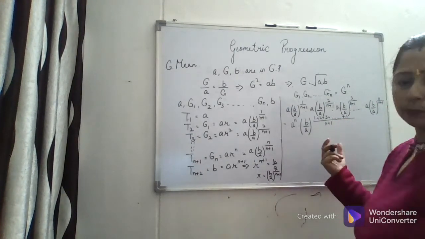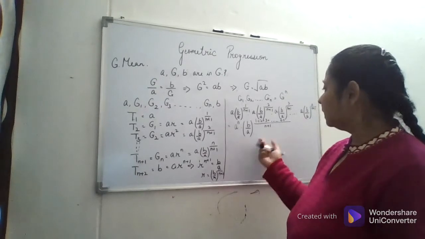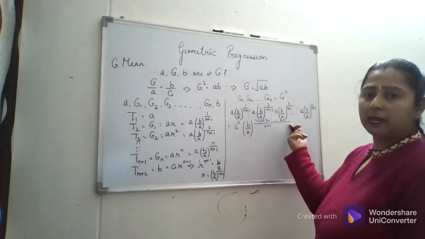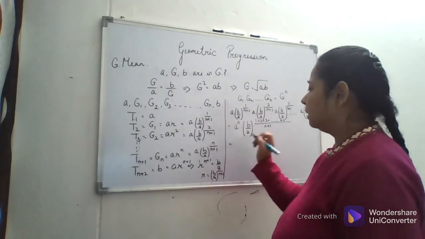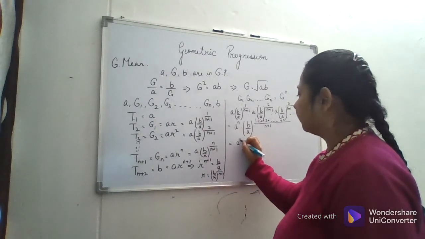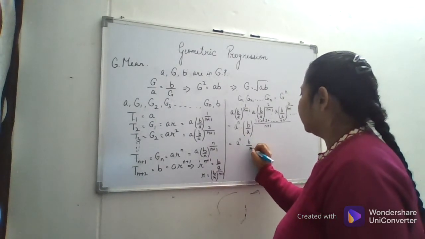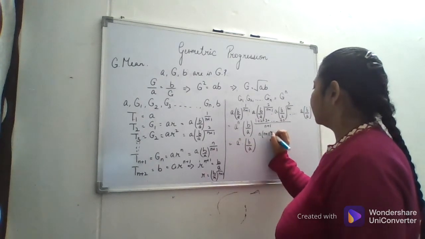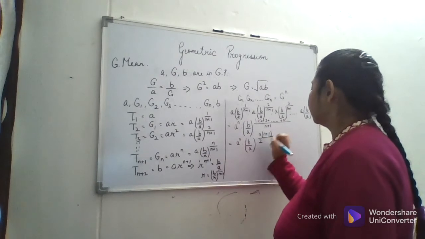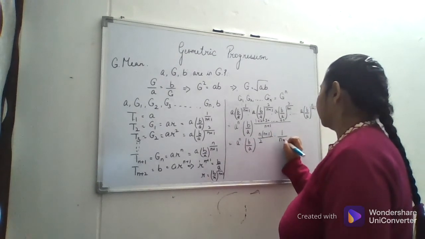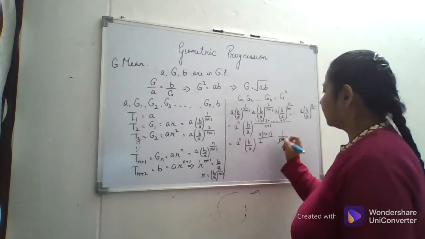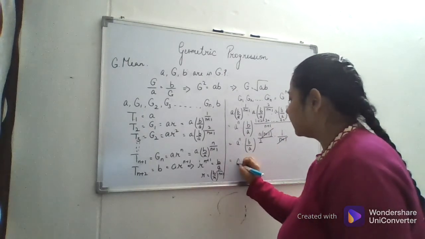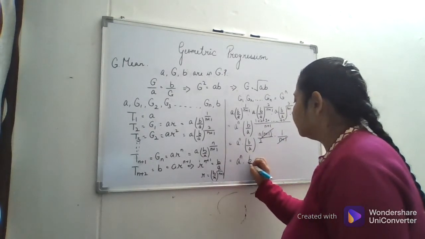Now the numerator is the sum of n numbers, and we know the sum of n numbers is n into n plus 1 by 2, into 1 by n plus 1. N plus 1 gets cancelled out over here. So I get the value as A raised to power n into B by A raised to n by 2.